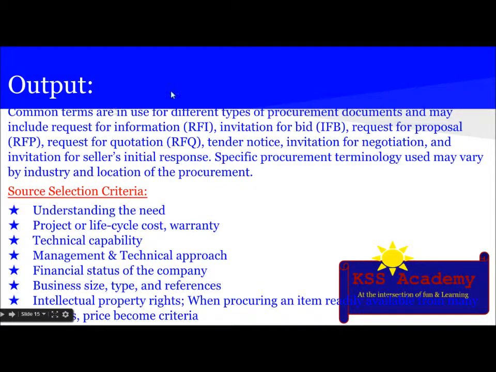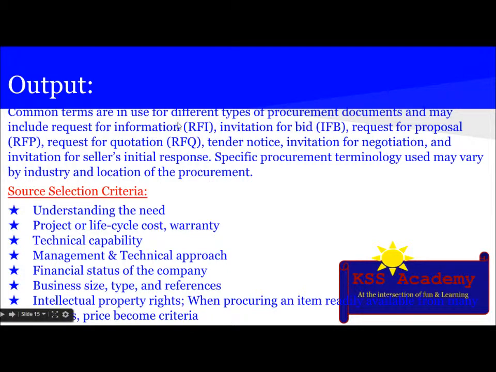Common terms in use for different types of procurement documents may include request for information, invitation for bid, request for proposal, request for quotation, tender notice, invitation for negotiation, and invitation for seller's initial response. Specific procurement terminology used may vary by industry and location of the procurement.